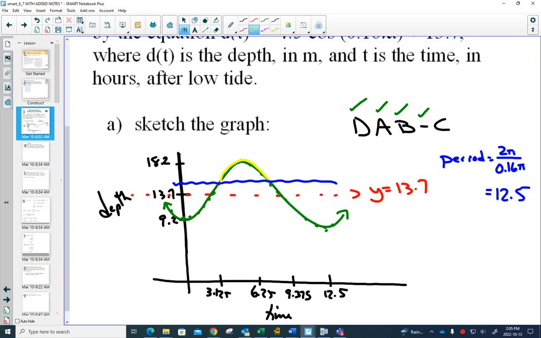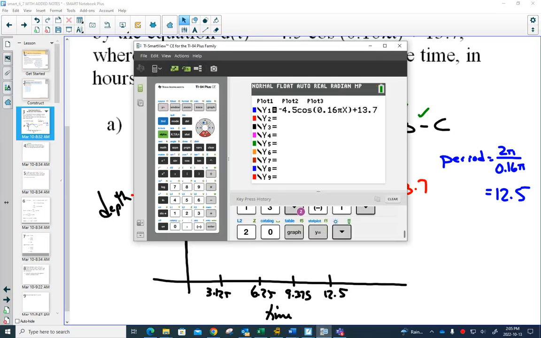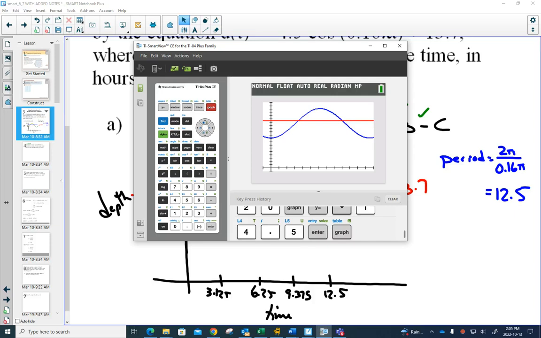Okay, so how could we do this with our calculator? With our calculator, you could type into Y2 that vertical line of 14.5. Now it draws that straight red line that we had from before.